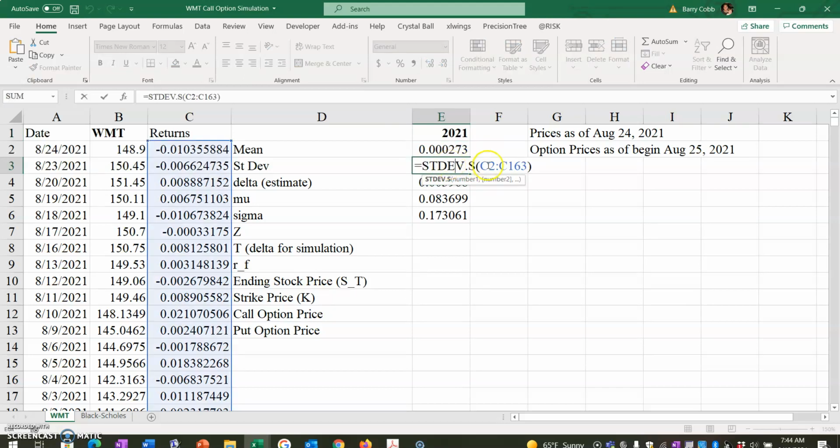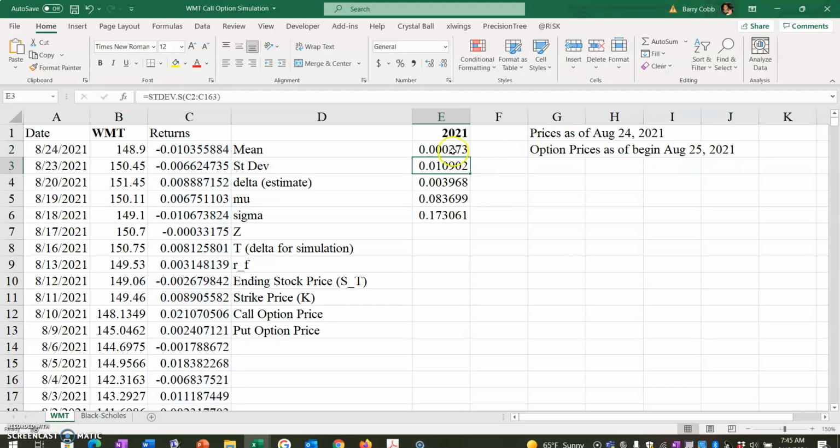So when we calculate the standard deviation and the mean, we're using just 2021 data down to row 163. In a previous video, an exercise, we calculated the geometric Brownian motion parameters, and that's what's done here. Note that the delta, the time period for the estimate, is 1 over 252 because we're using daily data.